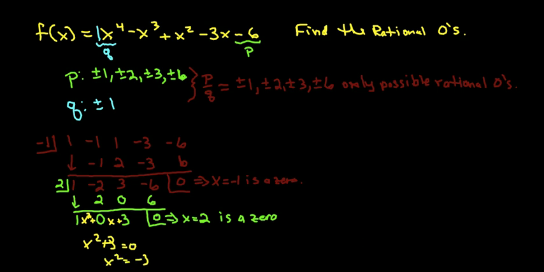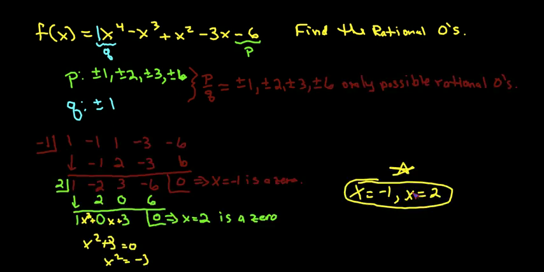I'm not going to get a rational value from that. I'm going to get a complex number. So on this one, I could actually stop, and the only rational zeros would be x equals -1 and x equals 2. Now again, depending on what they want me to ask, I could take this further and find my values here, but for this particular problem, they only wanted rational zeros, so this was my solution, and that's where I would stop on that one.